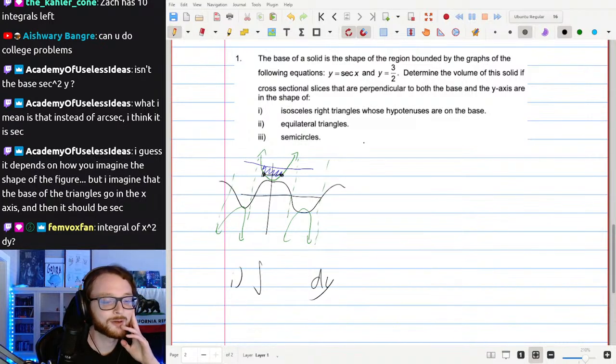Integral of x squared dy? Well, that's going to be arcsecant then, right? The base of the triangles go on the x-axis, then it should be secant. Well, the hypotenuse of the right triangle, this is one hypotenuse right here, and then three-dimensionally, the legs go up in the air.